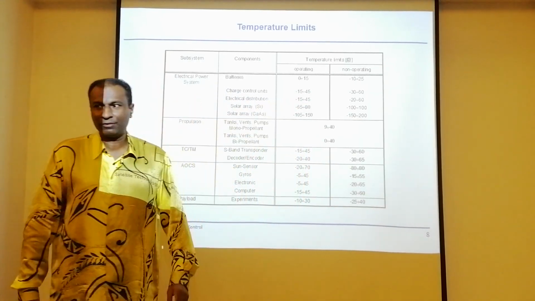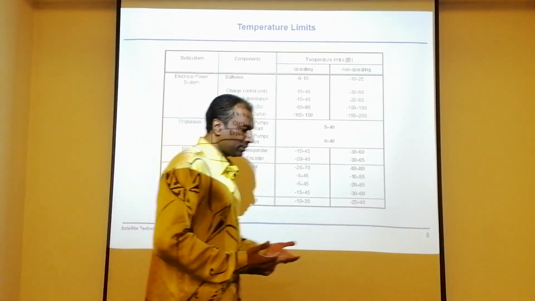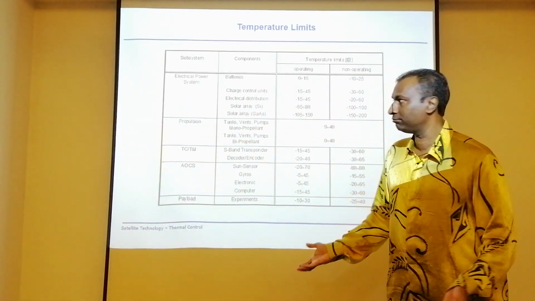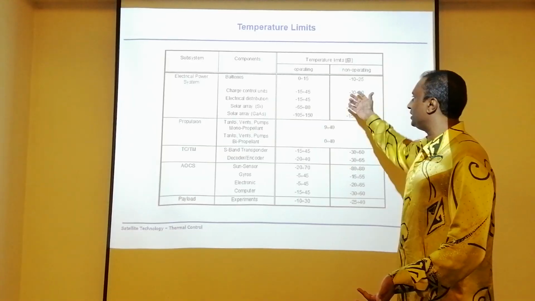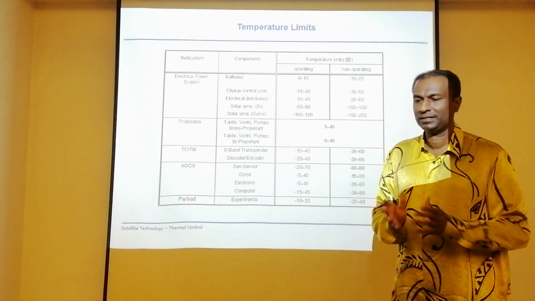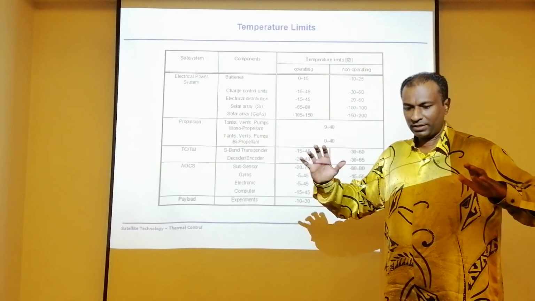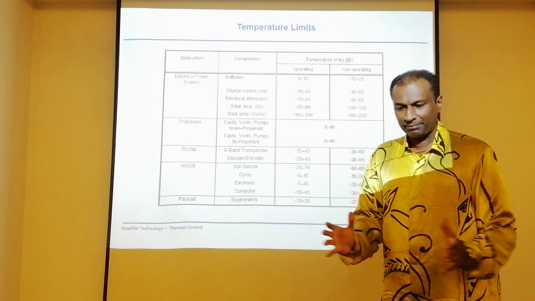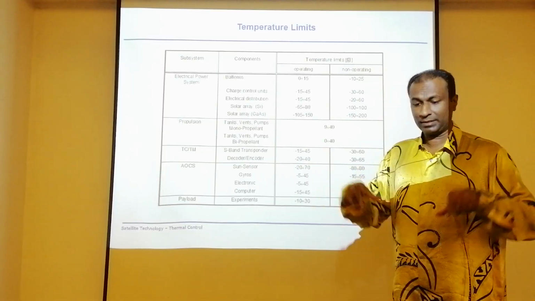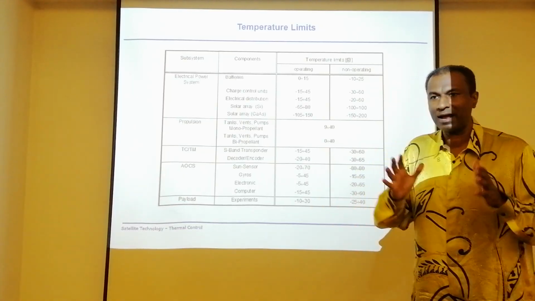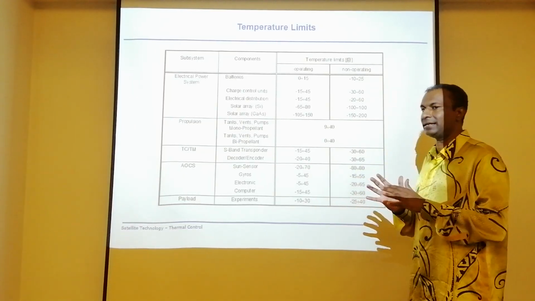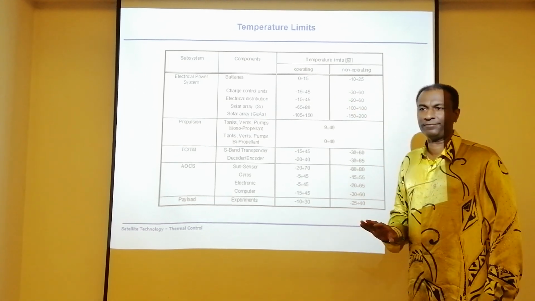Okay? So it is not like you go from one compartment to another compartment and the temperature is 50 degrees, and from another compartment you need to maintain, let's say, 30 degrees. No, that will be too complex to do. What you should do is maintain the overall global temperature in the satellite around a mean of about 10 degrees, and all of them can survive.